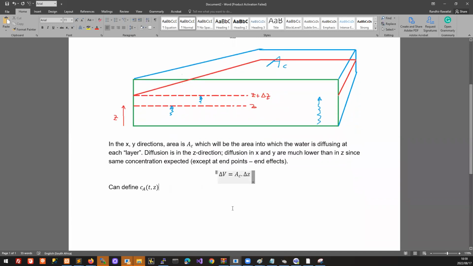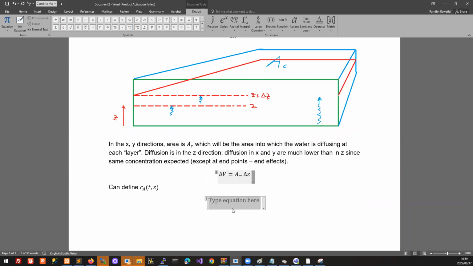And what we can say then is that the number of moles of A, we can write as NA. So lowercase n is the number of moles, right? Uppercase N is molar flux, right?